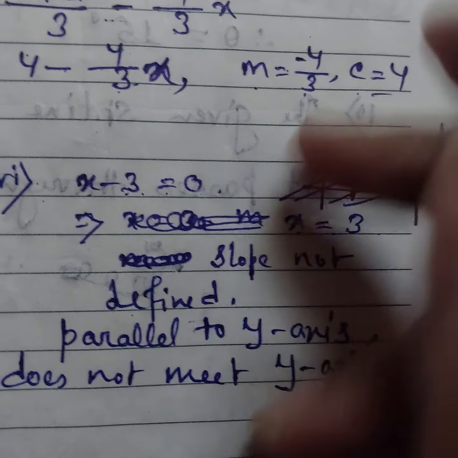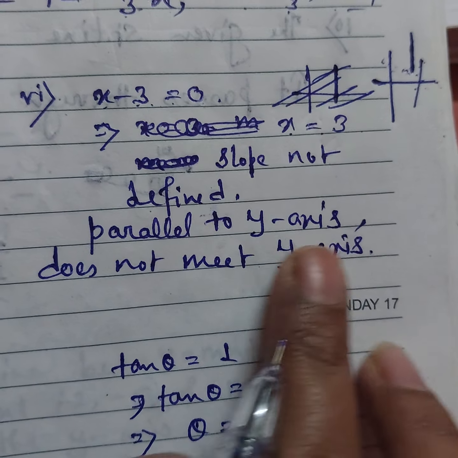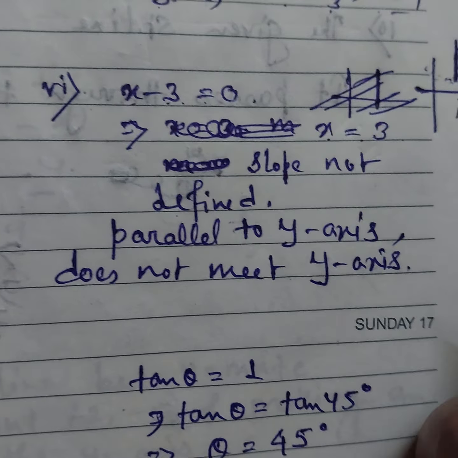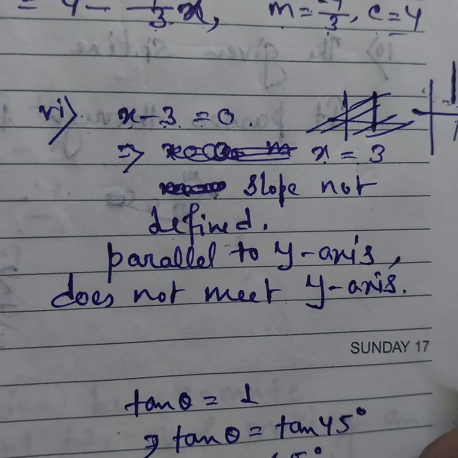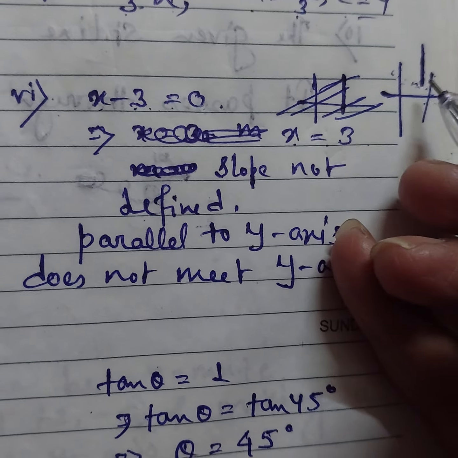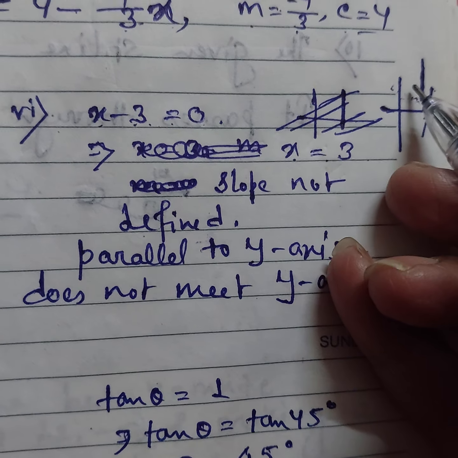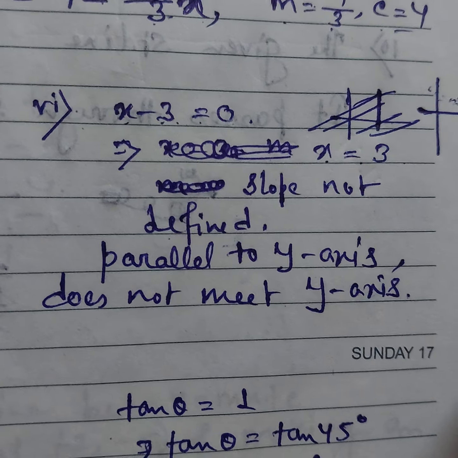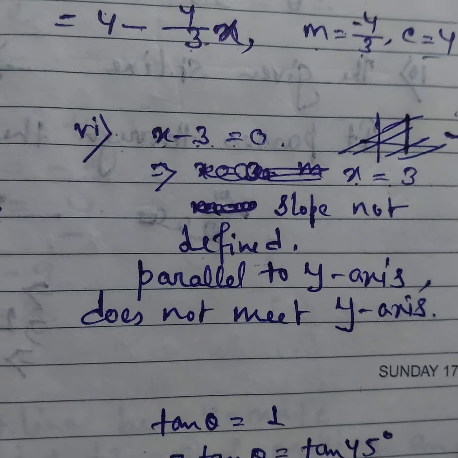So there is no defined slope, since it is parallel to the y axis and does not mean the y axis. So there is no c also, because this line does not cut the y axis, so there is no value of c also. So this is your answer. Okay.